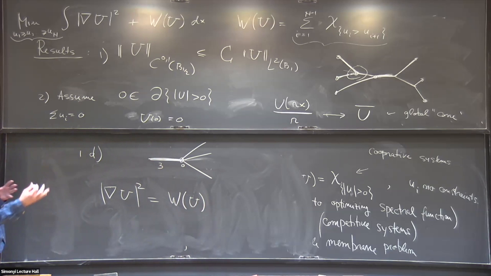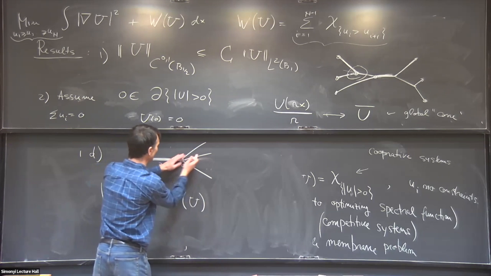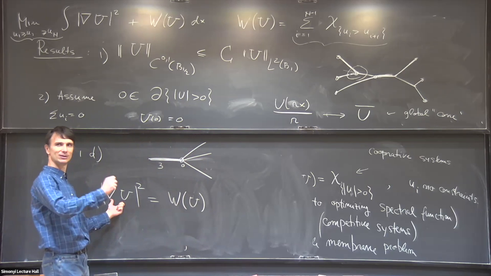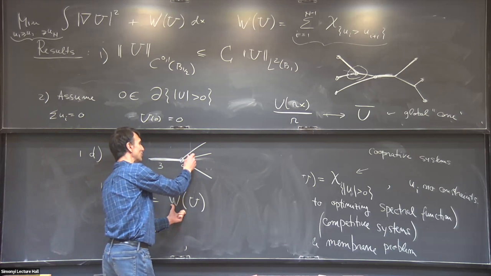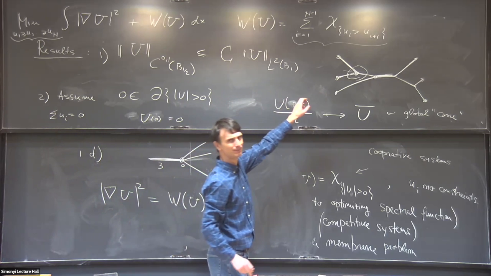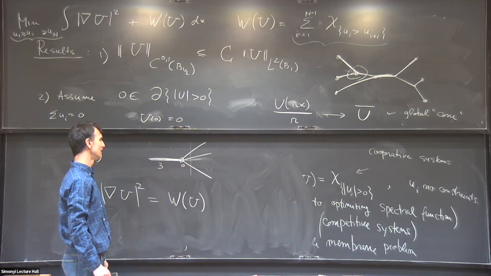So there is a balance of energy. It says on the left, all of them are 0, but on the right, when I split, the sum of the squares has to be equal to the value of W. In this case, W would be 2, because W just adds the sum of the characteristic functions.